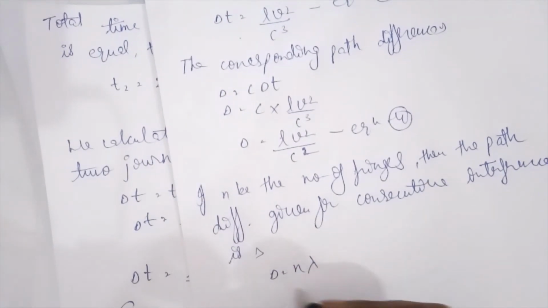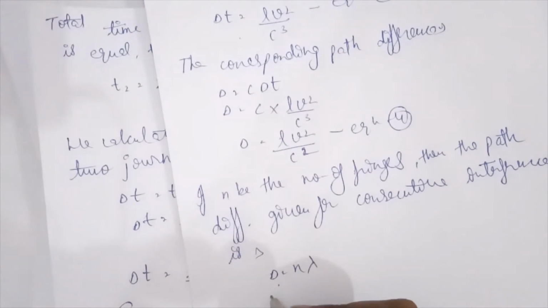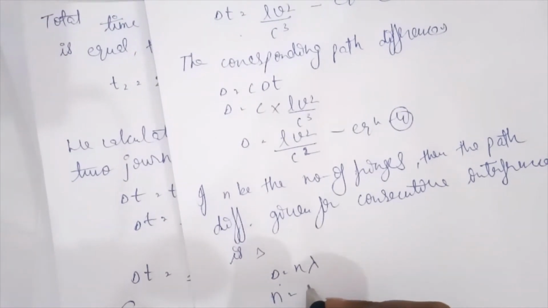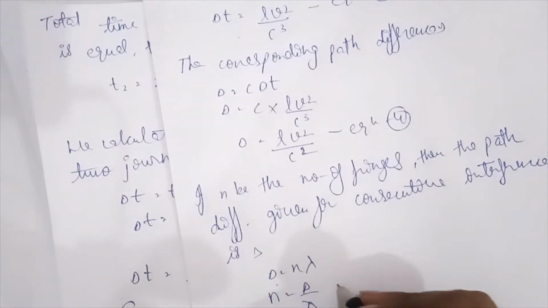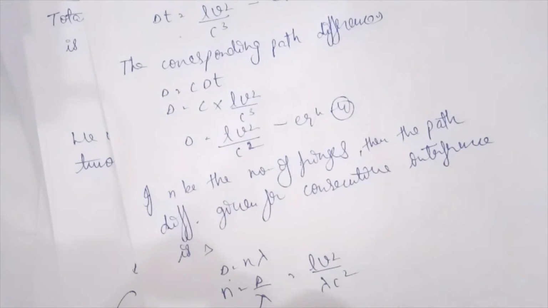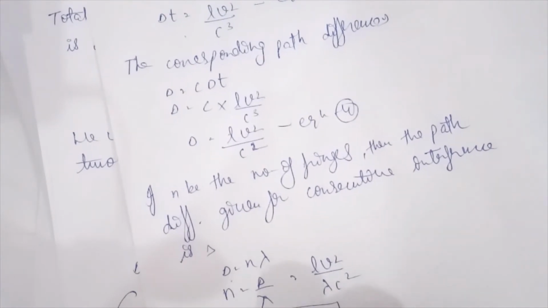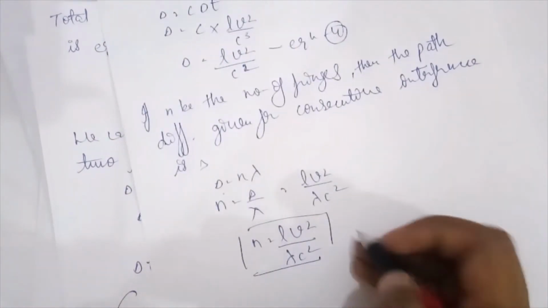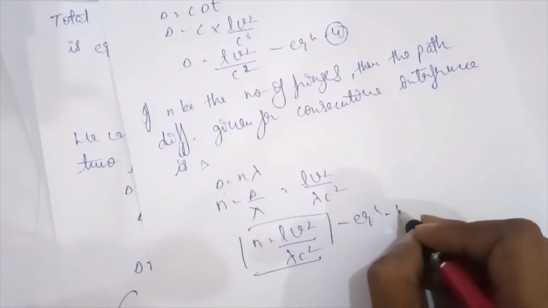Putting the value of delta, we get n equal to delta upon lambda equal to L v square upon lambda c square. So n equal to L v square upon lambda c square. This is our equation number 5.